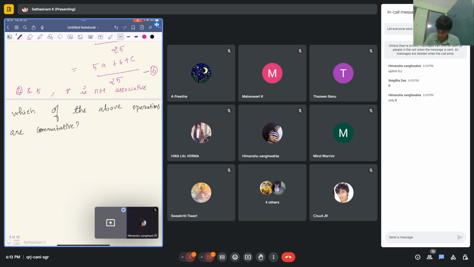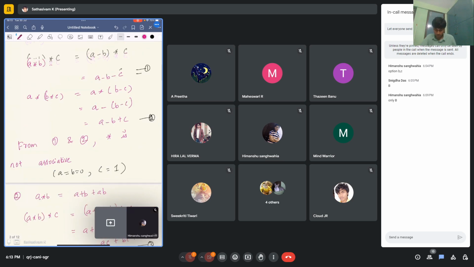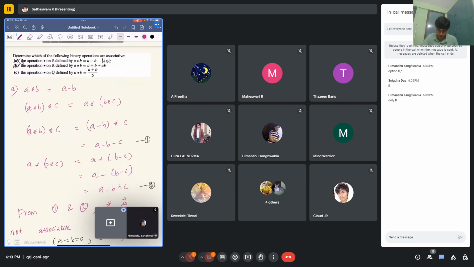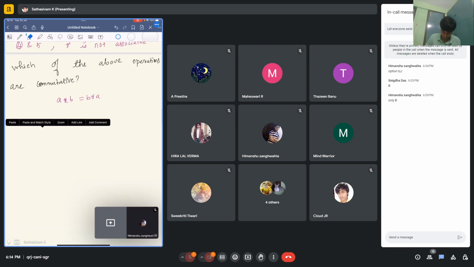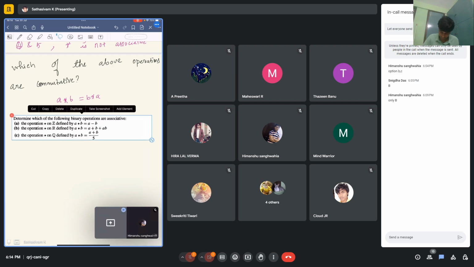So commutative means, recall, A star B is equal to B star A. So let's go and try. These are the three operations we have, and let's paste here just so that we know.